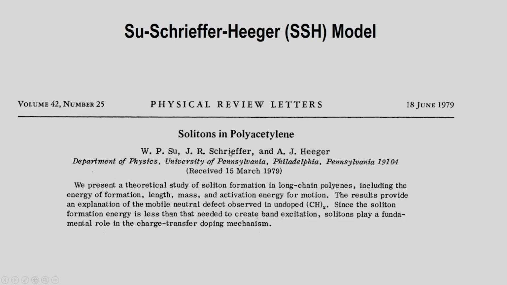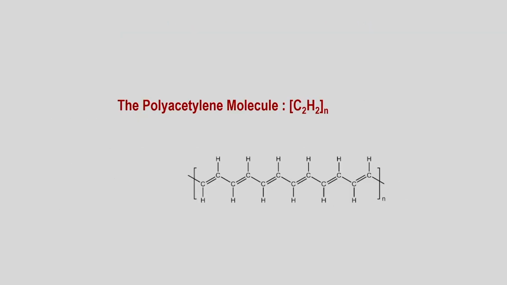Schrieffer is the same one who is in the BCS theory of superconductivity. This is in Physical Review Letters on 18th of June 1979, and it is about long chain polyenes, which are polyacetylene, with the form C2H2N, and this is how a long chain polymer, that is a polyacetylene molecule, would look like.